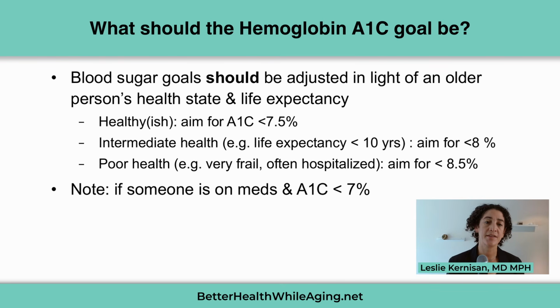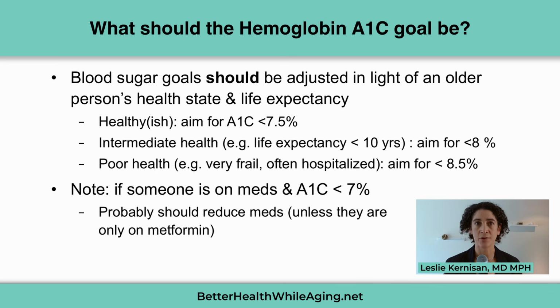Now, one thing that sometimes comes up in my work is that I notice an older person who is on medications to lower blood glucose and their A1C is less than 7. This is often a little bit of a red flag for me because less than 7 is pretty tight control. If they're on meds and they're less than 7, the question is, do they need quite as much medication?